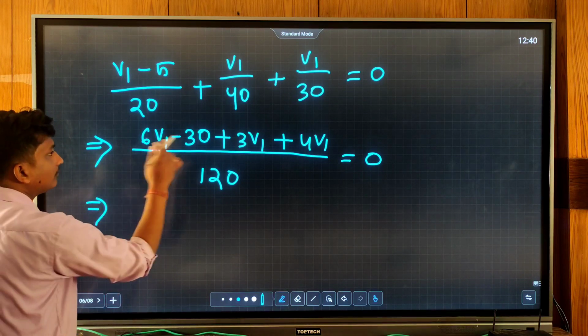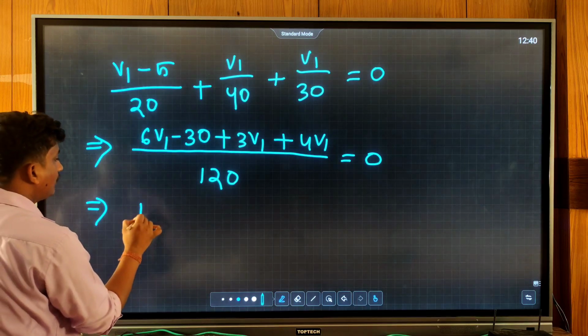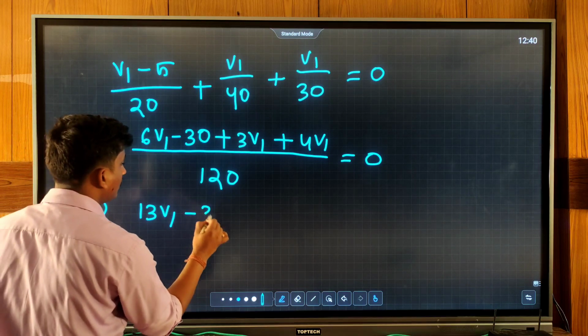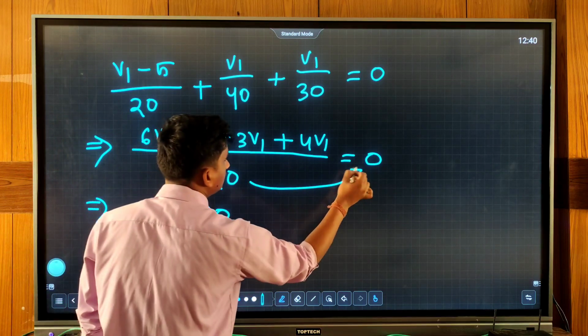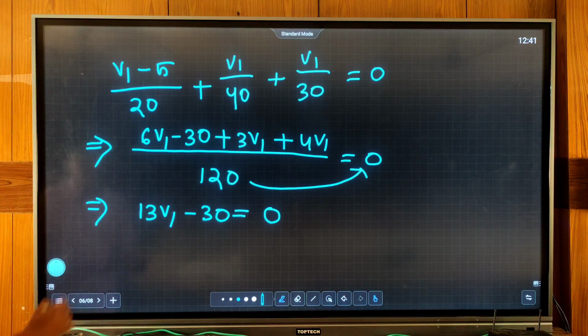So 6 V1 plus 3 V1 plus 4 V1 equals 13 V1, minus 30, equal to 0.